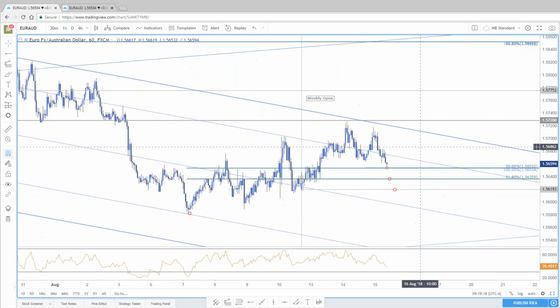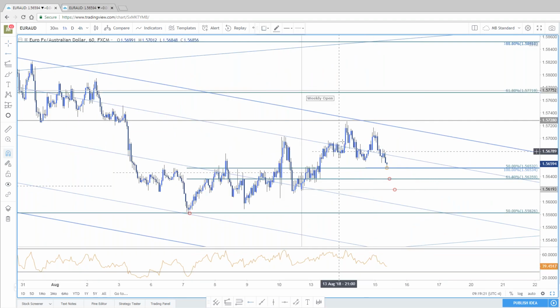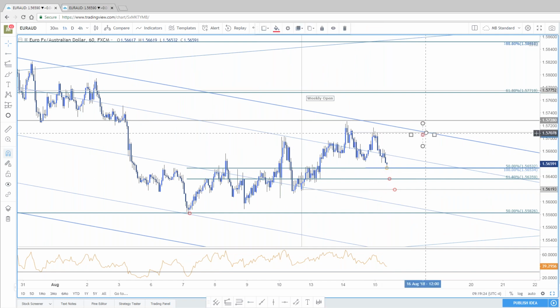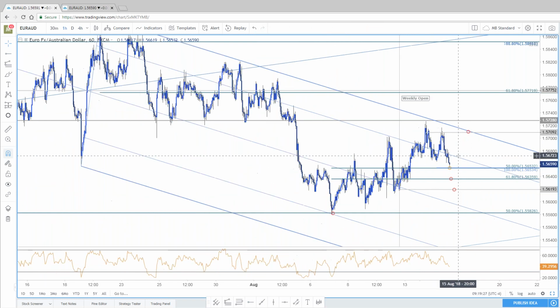Okay. Hourly reversal resistance is right here. That's sort of my line in the sand, resistance, bearish invalidation for the near-term slope. Ty, does that help?